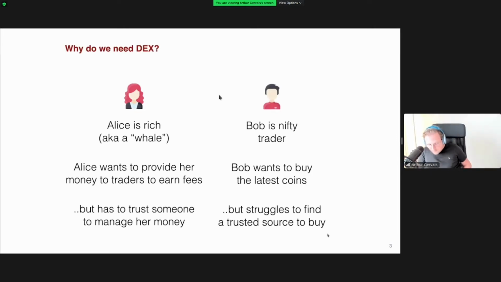On the other side, we have Bob, who is a nifty trader. And similarly, he has a need. He wants to buy coins, the latest coins, and trade on a daily basis. But he struggles to find a trusted source to buy those new assets that just hit the market. And decentralized exchanges can bring those two parties together without a trusted intermediary.